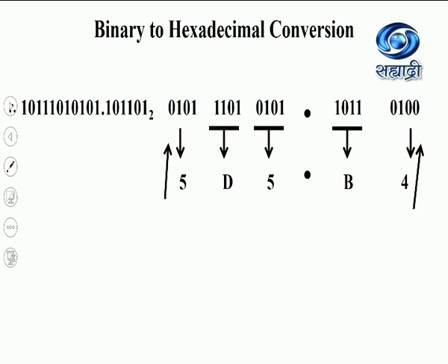Now let us see the next topic, that is binary to hexadecimal conversion. Here we have a binary number, 10110101.101101. For finding the hexadecimal number for this binary number, we first make groups of 4 bits.